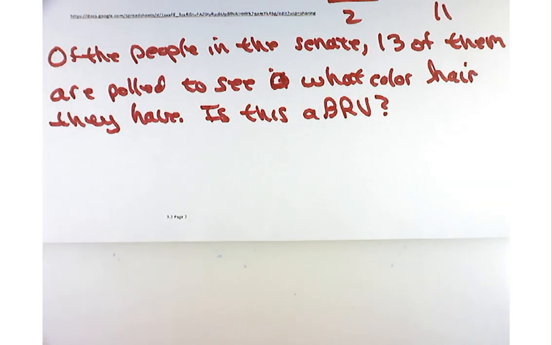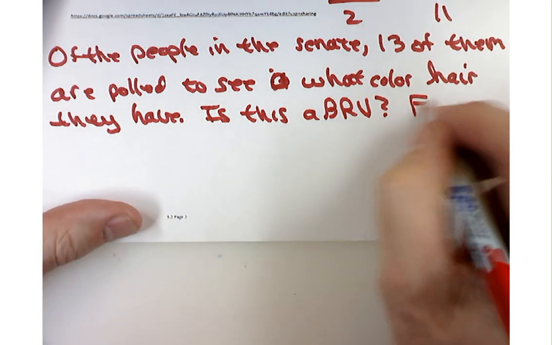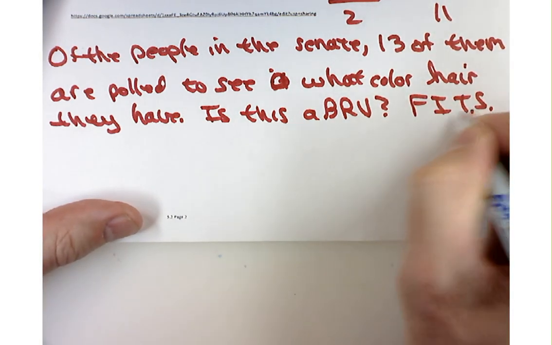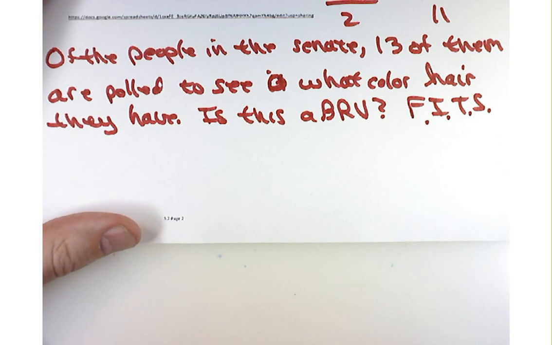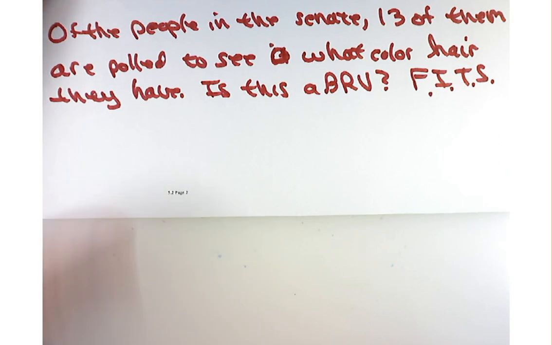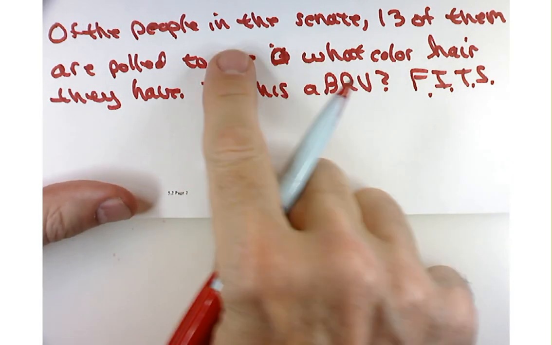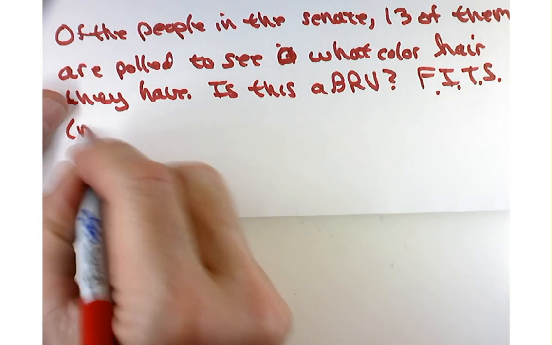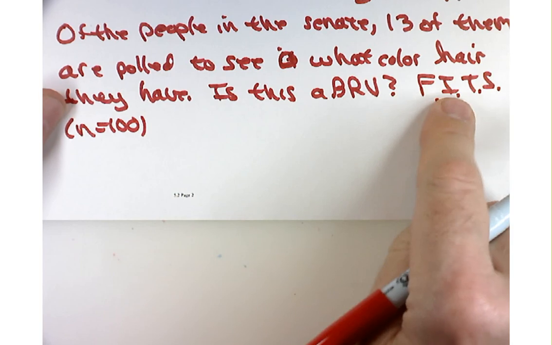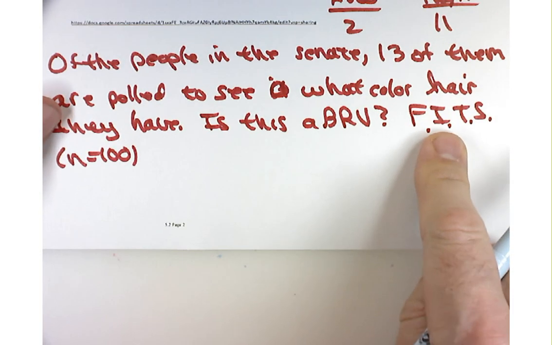No. There's more than 2 options, right? So one of the binomial criteria is that there has to be just 2 options. There's actually something else that's wrong with this. I'm assuming that you're going to sample without replacement. And here, because our population is so small, n equals 100, our 5% rule doesn't kick in.